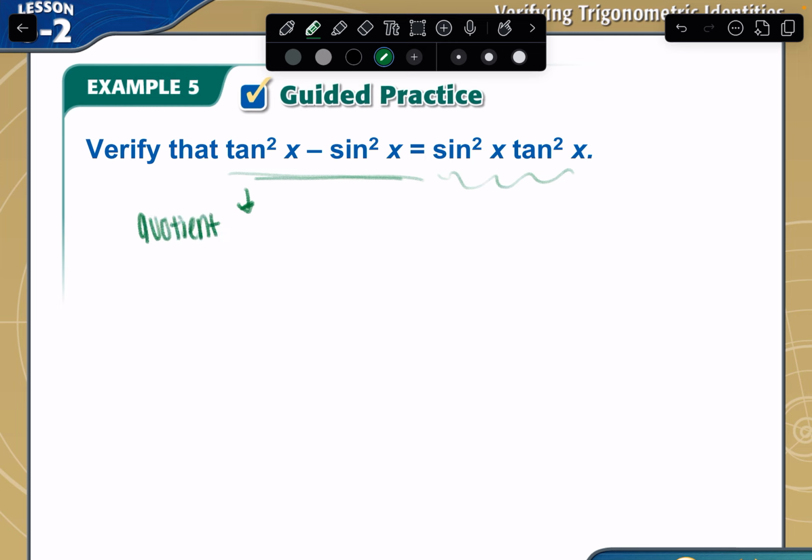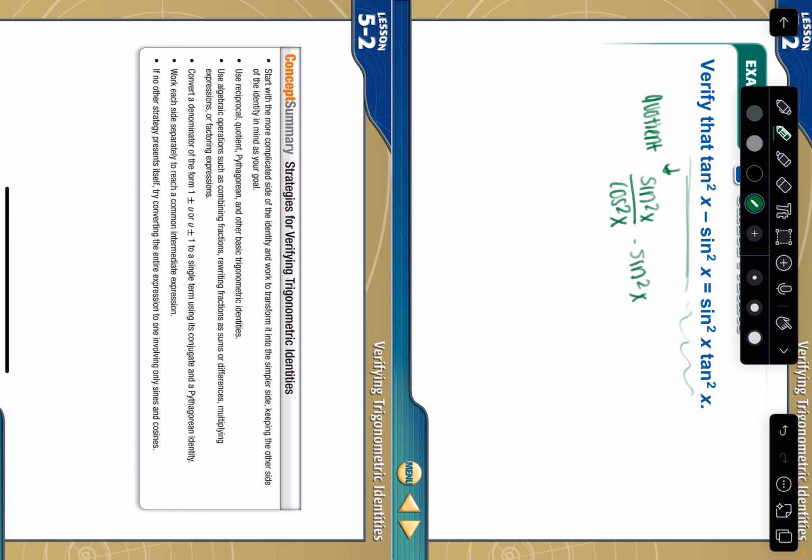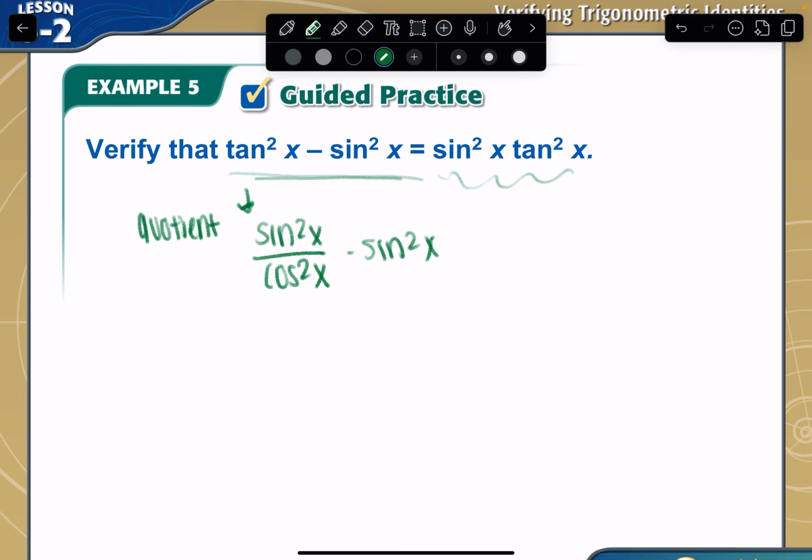So I'm going to change it to sine squared x over cosine squared x. Again, that is a quotient identity. It says tangent is equal to sine over cosine. Then I have minus sine squared x from here. I know that I just got rid of the tangent and I need a tangent, but I have to work to that part.